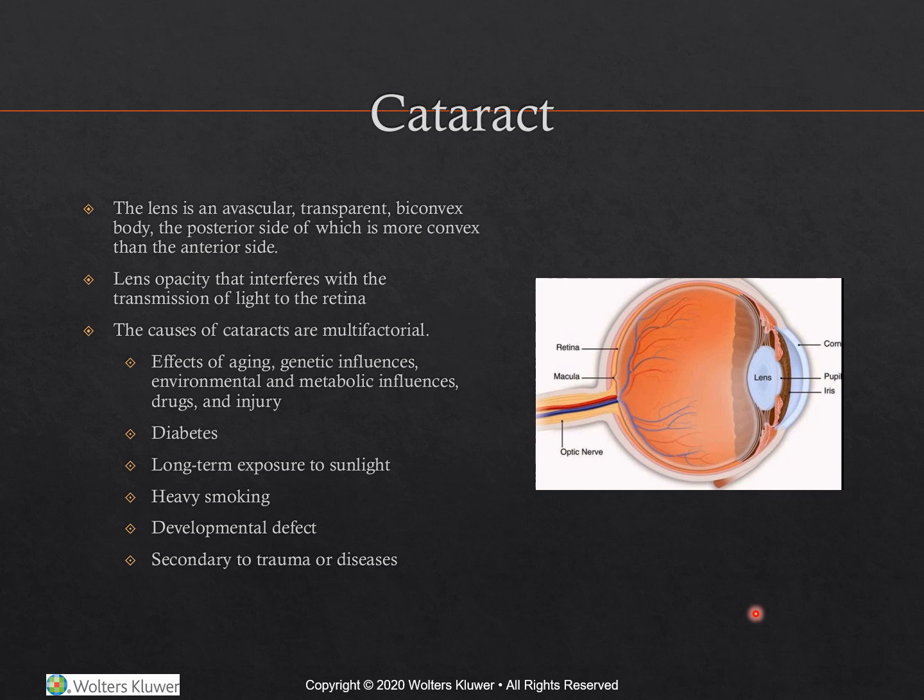People who have a significant amount of long-term exposure to sunlight. So it's important to use UVA and UVB blocking items like sunglasses to prevent sun exposure to the eyes because of risk of cataract formation. Heavy smokers are also at higher risk. There are some developmental defects that can cause people to have higher risks, or some trauma or diseases.